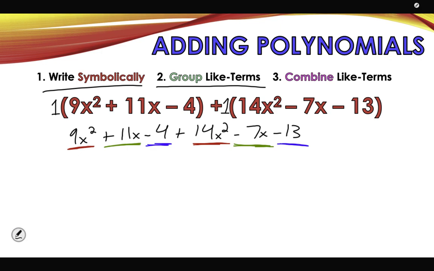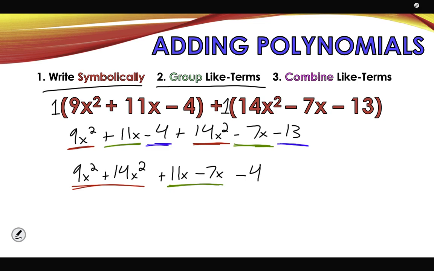So let's rewrite all of my red pieces into one area. And then I'll write all of the green pieces into one area. And then the blue stuff for the constant terms.